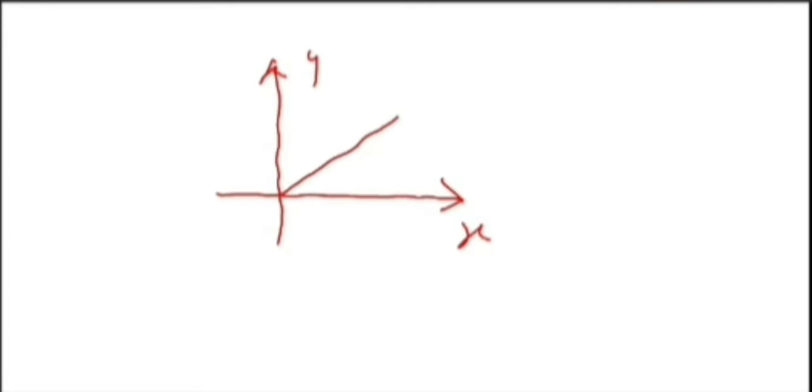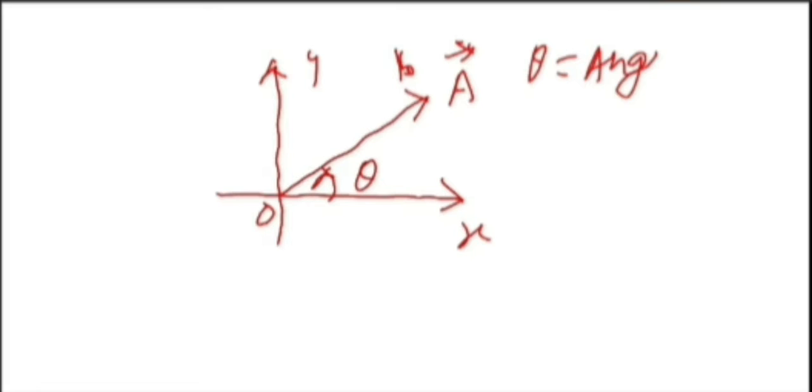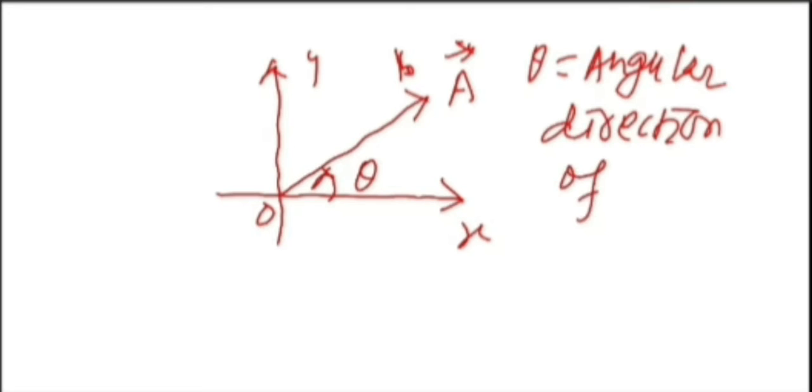Graphical representation of a vector. Suppose we have vector A on the xy plane. O is the originating point or tail of the vector and B is the head of the vector or terminating point. Theta is called the angular direction of vector A with respect to the x-axis.